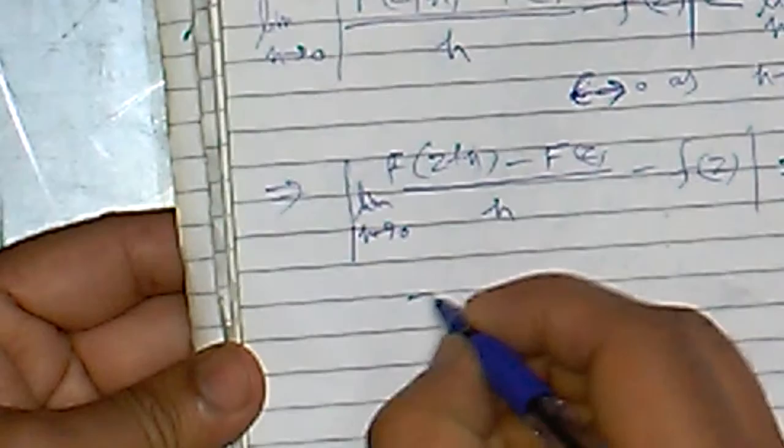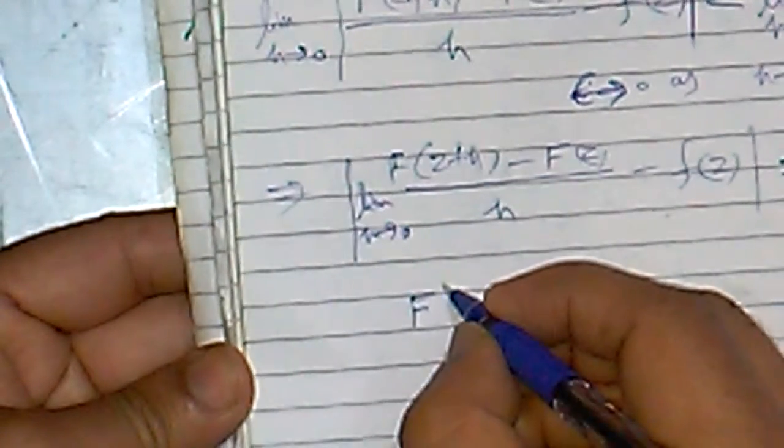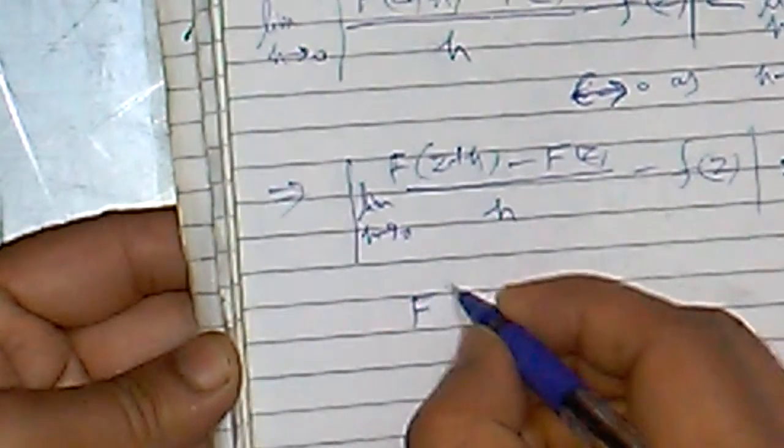So we put capital F(z plus h) minus F(z) upon h, where we know that the limit as h tends to 0 of this minus f(z) equals 0. This is the definition of differentiation of F(z), the derivative of F(z).